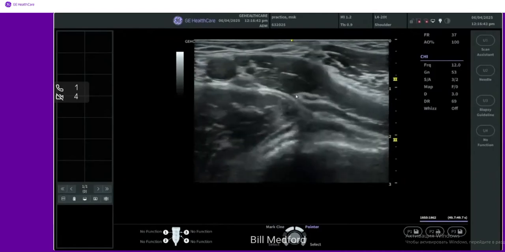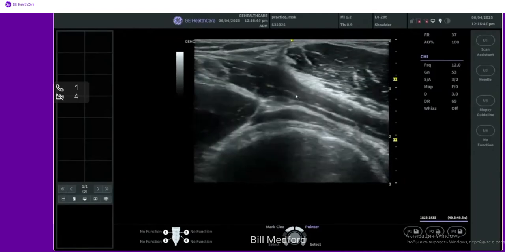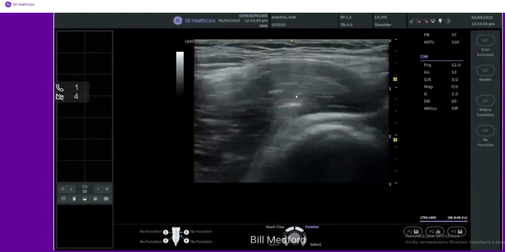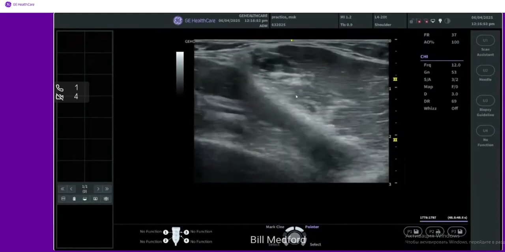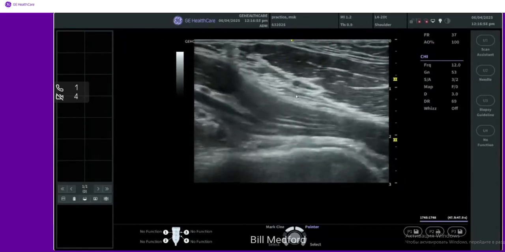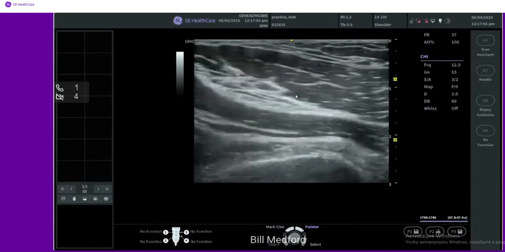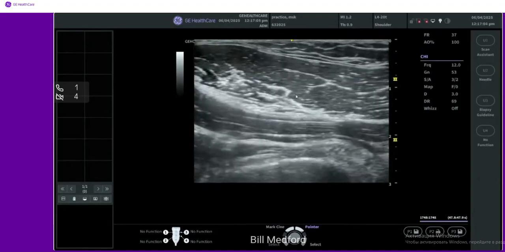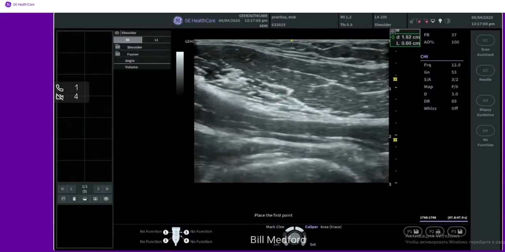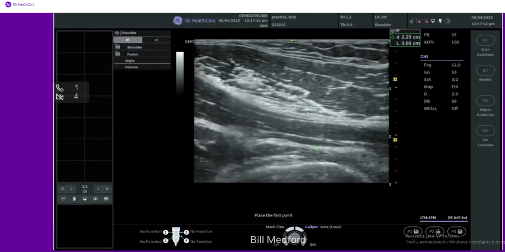So right now I'm in the short axis plane. I'm over the humeral head and neck. You can identify the inferior glenohumeral ligament and the middle glenohumeral ligament, and that area that you might measure would be here.